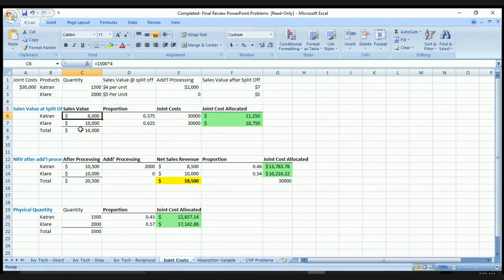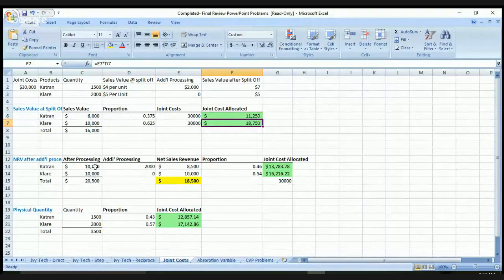I get 10,000, so a sum of 16,000. We have the proportion. How I get that is take the 6 divided by 16, and then the 10 divided by 16. I'm going to multiply that by the 30,000. So I'm going to allocate 11,250 to the Catran, and I'm going to allocate 18,750 to the Claire.